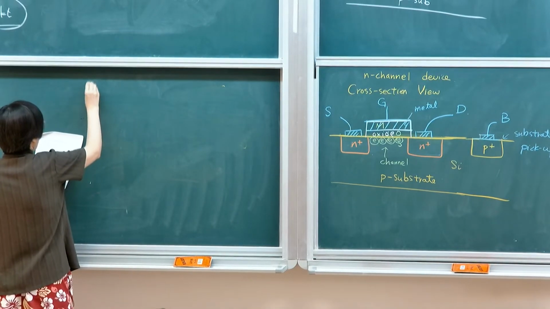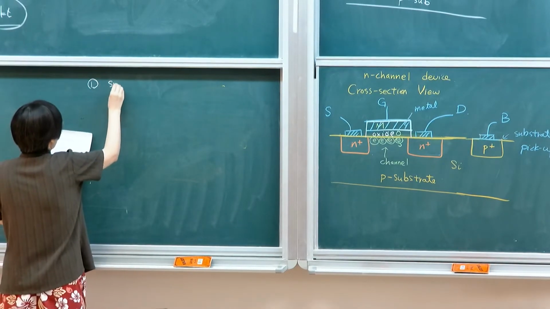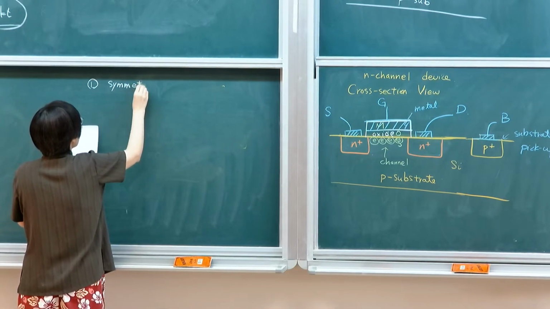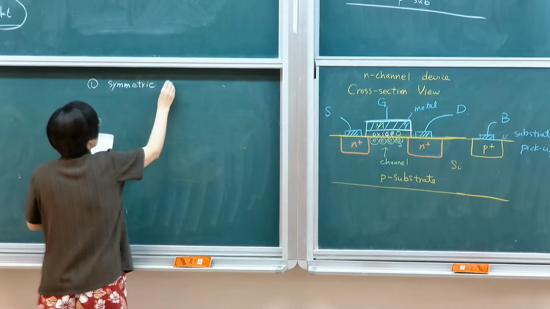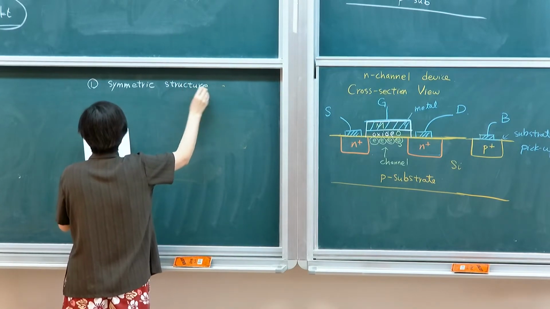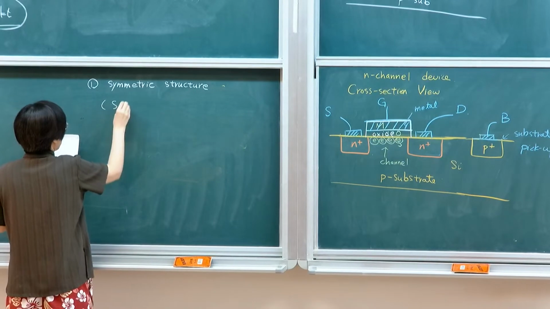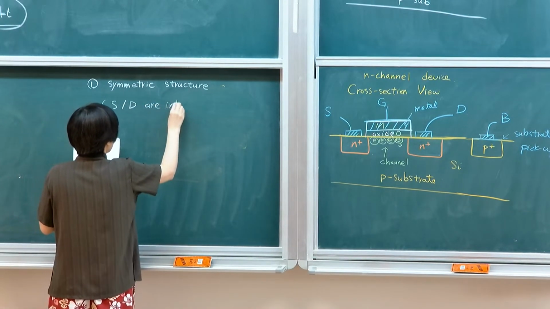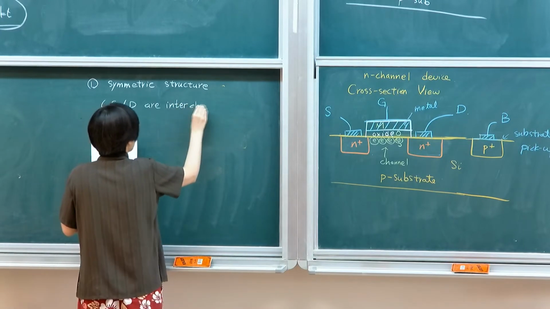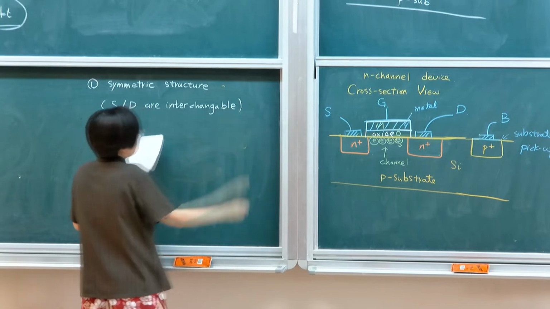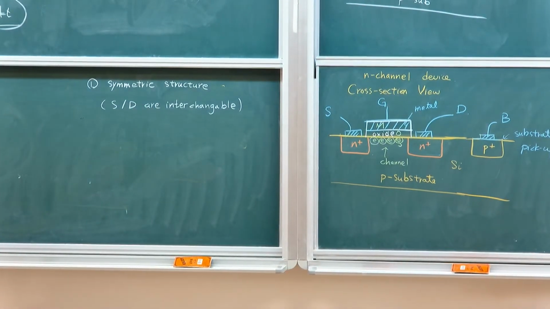The MOSFET devices are symmetric, meaning that the source and drain are interchangeable. Especially when you're trying to do something called a pass gate.